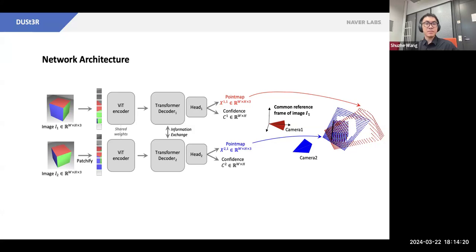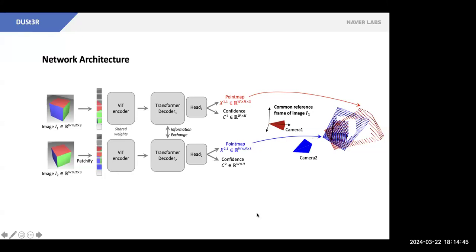Our network is asymmetric, which means the decoders for the first image and second image do not share the weights. So the second decoder knows it needs to predict the mapping from the second view to the first view.